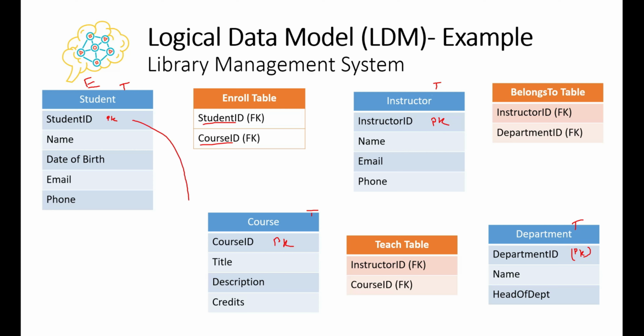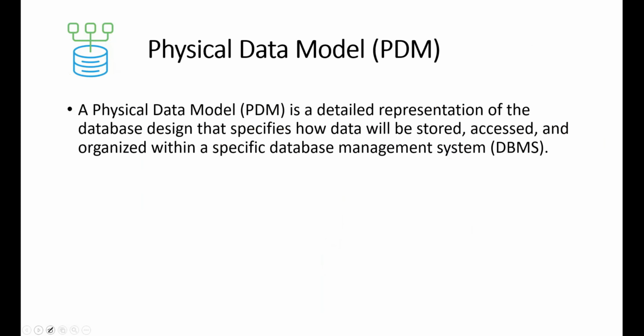That means they are logically getting connected, right? Similarly, this table is connecting the course ID and instructor ID. And here, this particular table, belongs to, is connecting instructor ID and department ID. So using these tables that are already becoming constraint tables here, finally, we'll go to the physical data model and understand what exactly it means.